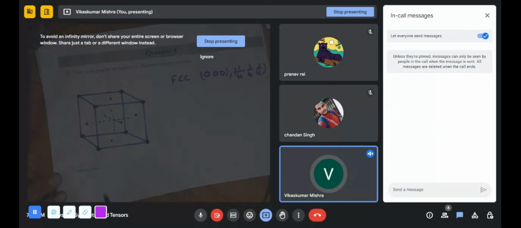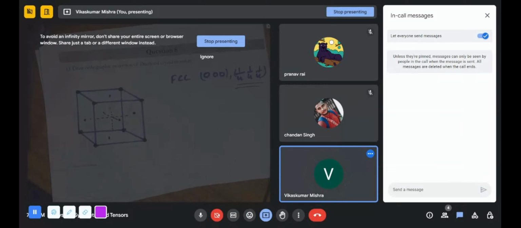Now there is also one more motif associated, that is 1 by 4, 1 by 4 and 1 by 4. So from here it will be 1 by 4. From here it will be 1 by 4. We are following the particular direction. Let's say in front of this particular point, we'll go in the 1 by 4 direction.